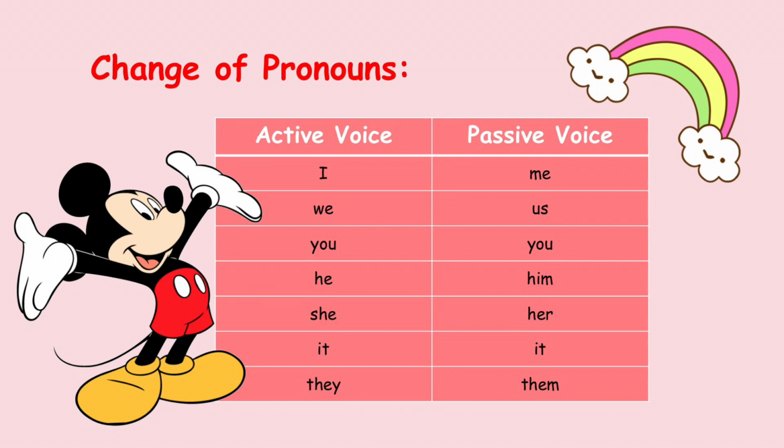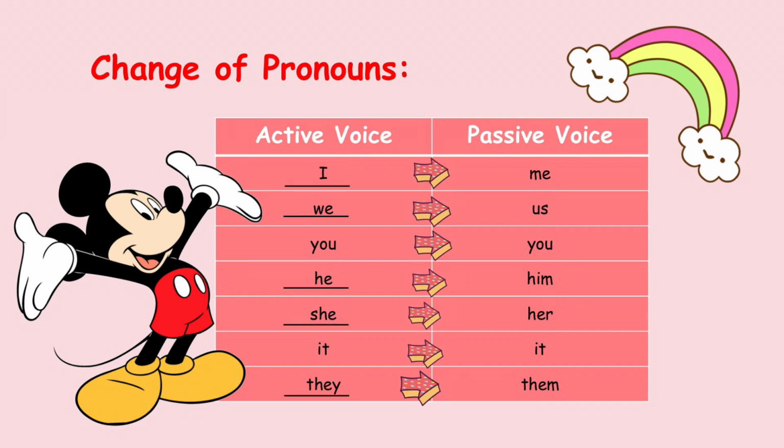But to change to the passive voice, we will use I to me, we to us, you to you, he to him, she to her, it to it, they to them. If you notice, the changes only happen at I, we, he, she, and they. But it is a special case for you and it. That is why the pronouns don't change at all.